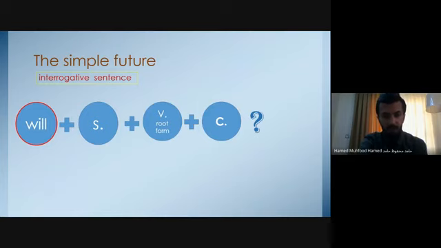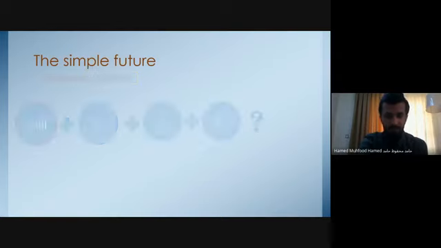In this case, it's will, and then the subject, for example, what will you, and then the main verb of the sentence in its root form, and then the complement, right? So pay attention to how to form such questions, please, and pay attention to the difference between yes/no questions and WH questions.